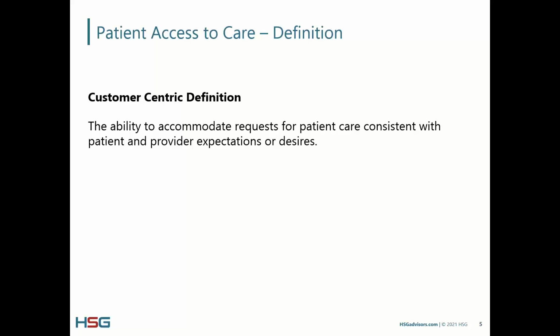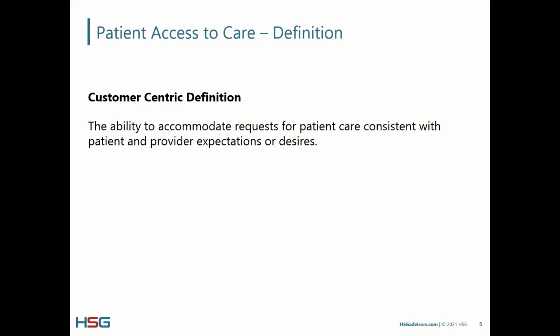Access simply is measuring the ability to accommodate requests for care, but the customer-centric piece of it is consistent with patient and provider expectations or desires, not necessarily the one who is rendering care today, although that does factor into it, but the other providers within the patient care sphere.